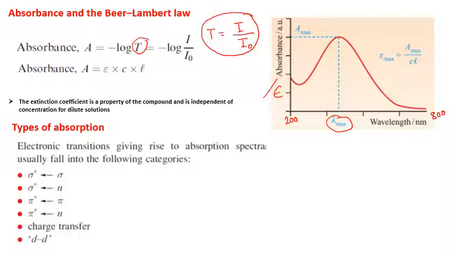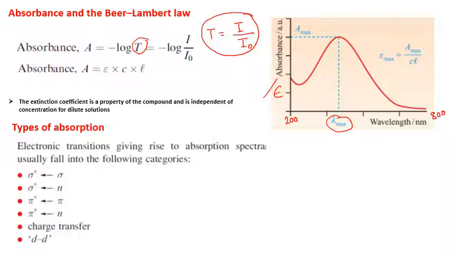So if the question asks for the calculation of the A value, the absorption value, they must give the I and I naught values, or vice versa. So you can calculate all the parameters.